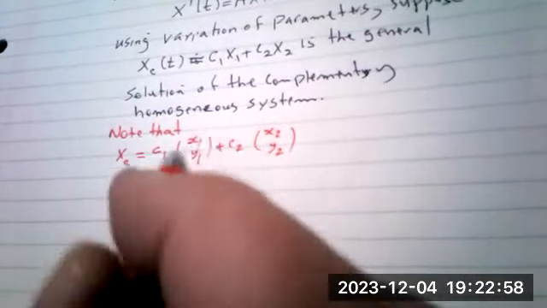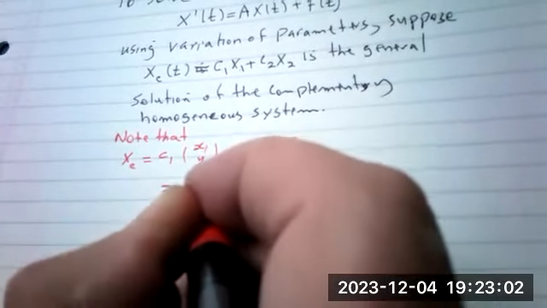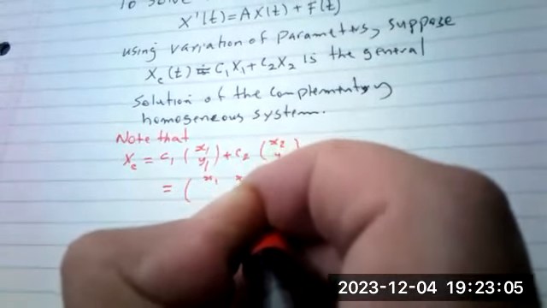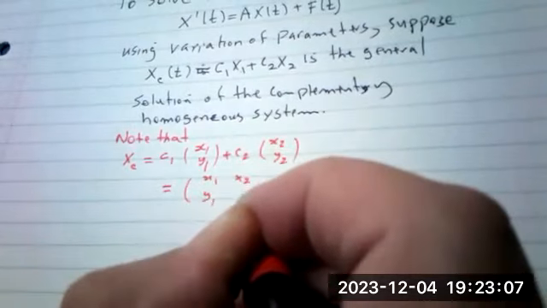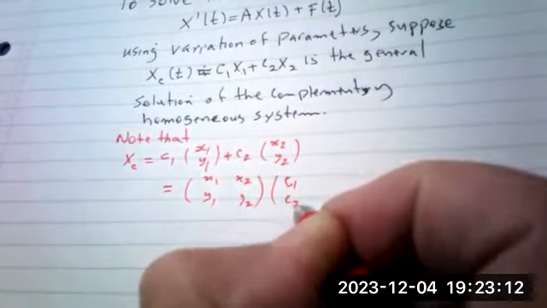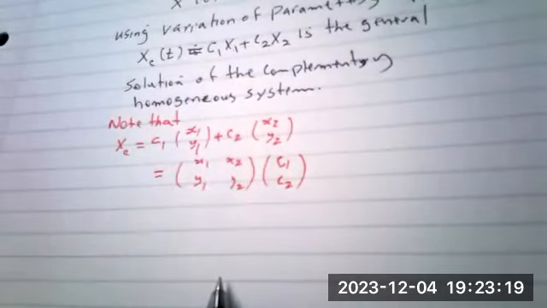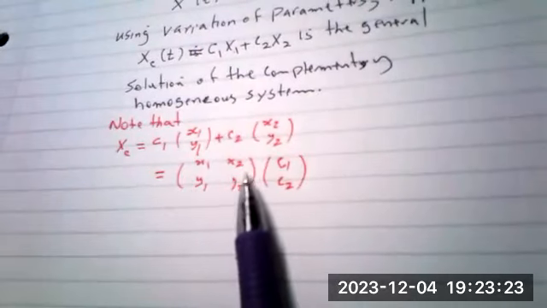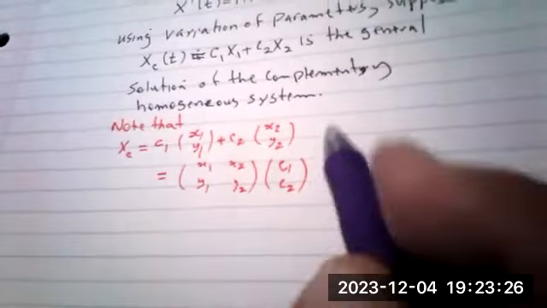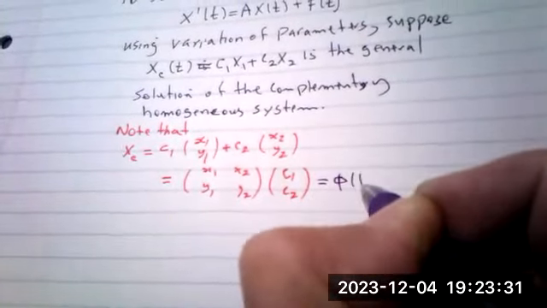Now I change it to the matrix form. The first row is going to be x1, x2. The second row is going to be y1, y2, times c1, c2. If you multiply it, you get exactly what you have over there. The first part is going to be a matrix of t, which I'm going to call phi of t.